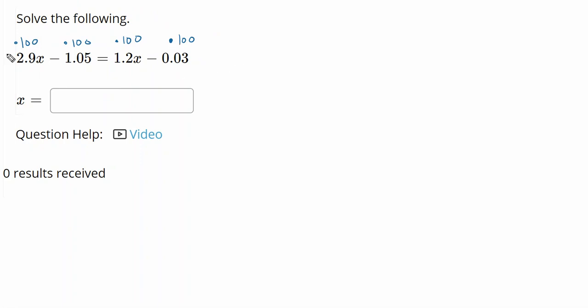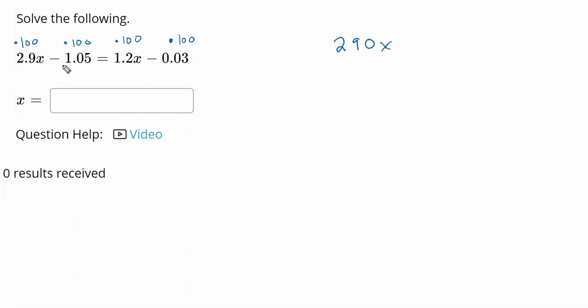Okay, so let's go back to multiplying by 100. 2.9 times 100 is 290. Do you see how there are 2 zeros in 100? So we just had to move the decimal 2 places, and now the decimal is at the end. So 290x.